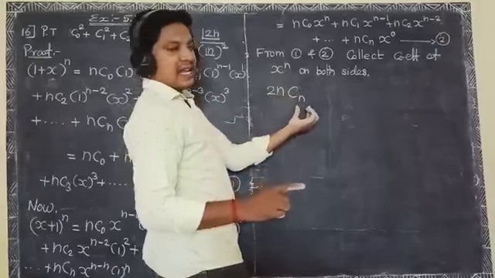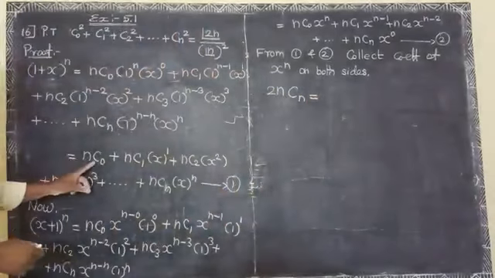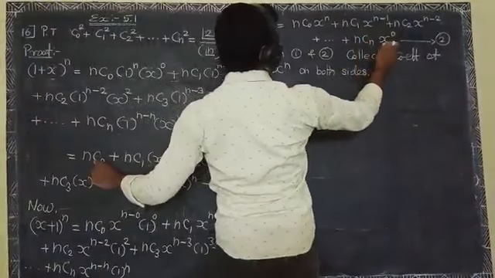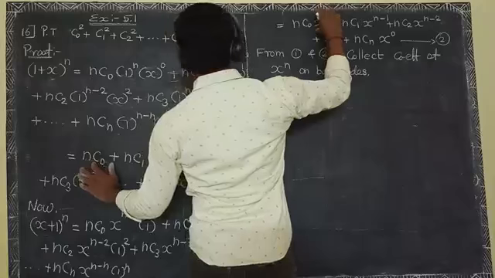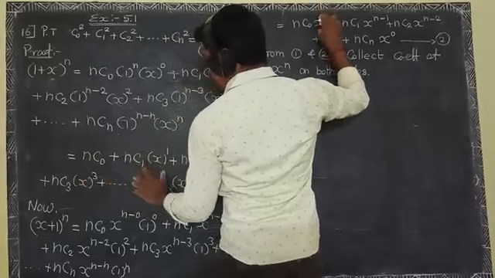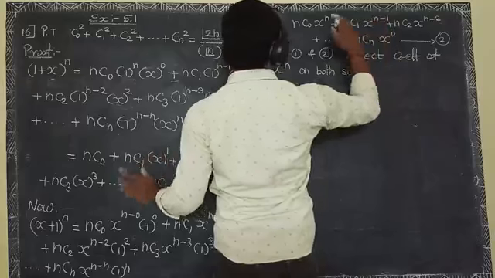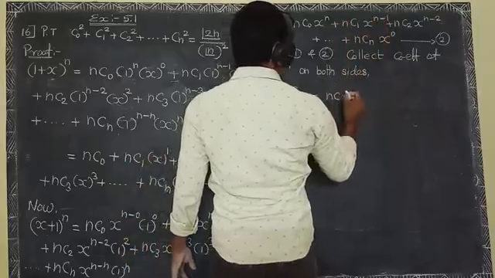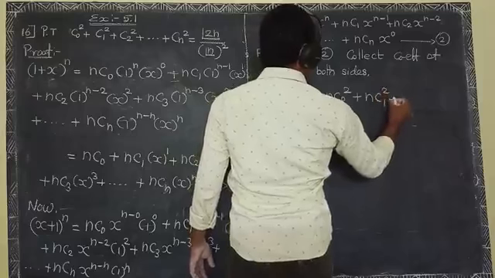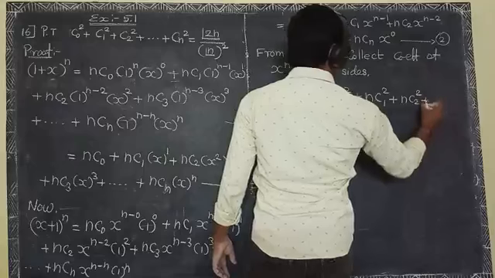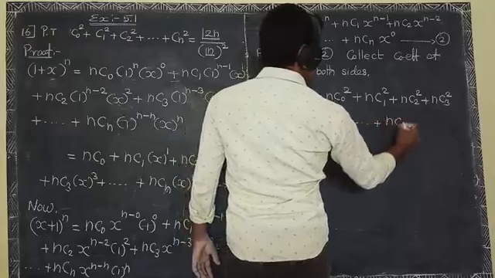This is equal to, on the right, nC0 times nCn (x power 0 times x power n), then nC1 x power 1 times x power n minus 1, that is nC0 whole square plus nC1 whole square plus nC2 whole square plus nC3 whole square plus and so on.